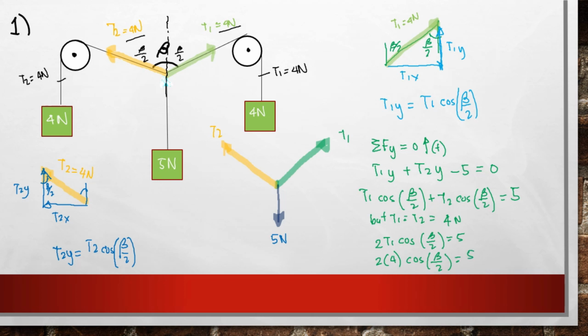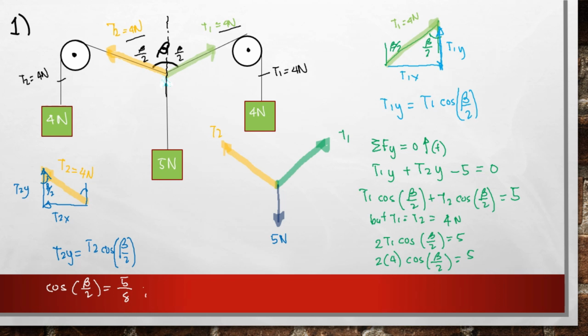Therefore, palit po tayo, we can say here that cosine beta over 2 is equal to 5 over 8. So what is 5 over 8? Let me grab the calculator. 5 over 8, that will be 0.625.